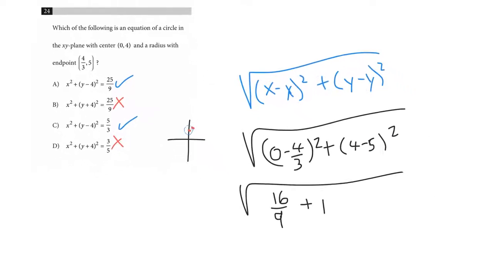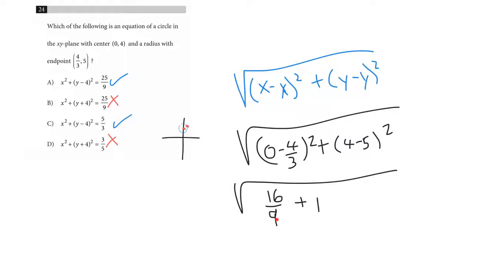Now, it'd be nice to have a common denominator. 1 is 9 over 9, so I will rewrite it as 9 over 9. And then we have 25 over 9, because we keep the denominator and simply add the numerators, so we have the square root of 25 over 9.